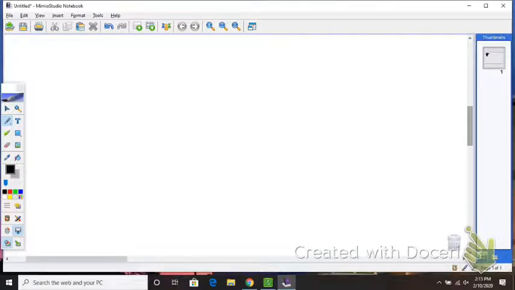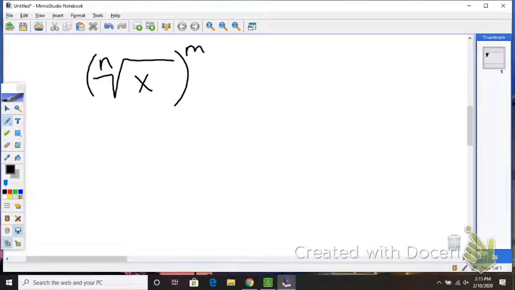Okay. All right. So now let's look at this for the first time ever. If I have the nth root of x raised to the m power, and I'm going to write this as an exponent, what's going on the bottom of this exponent?